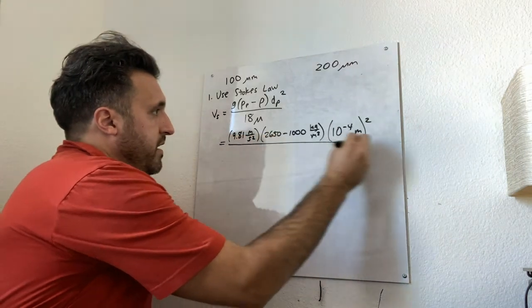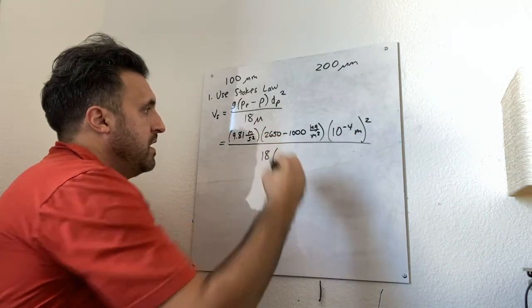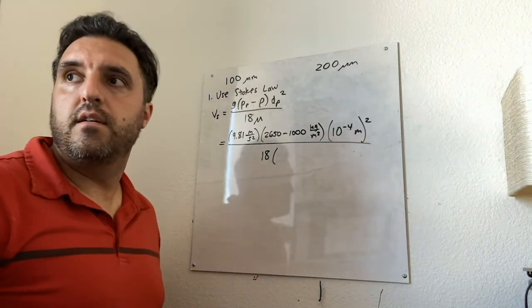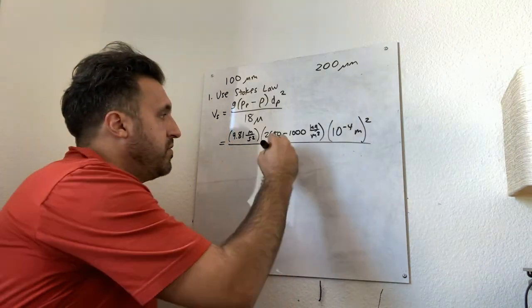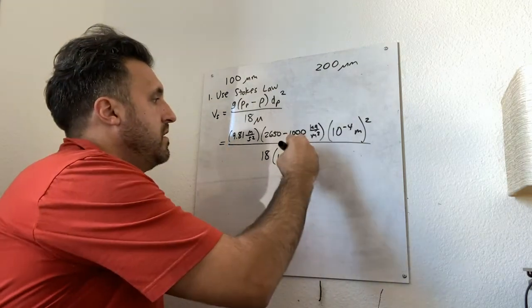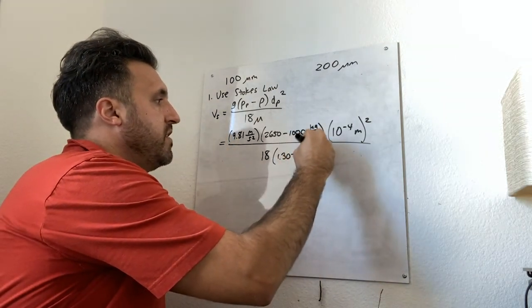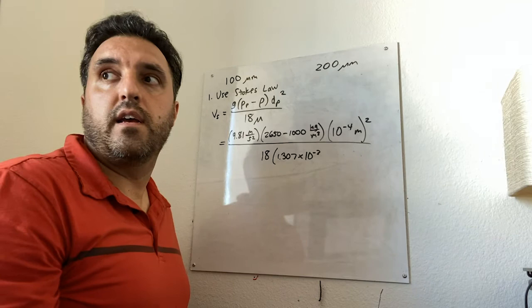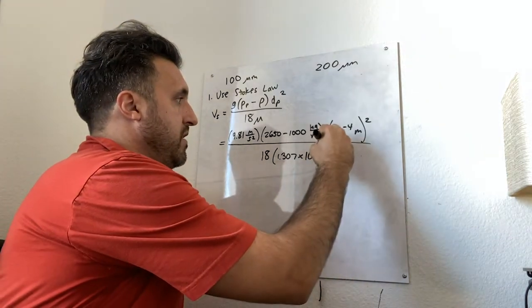In the denominator, we've got 18 multiplied by viscosity, which is 1.307 times 10 to the negative 3, and the units there are kilograms per second meters.